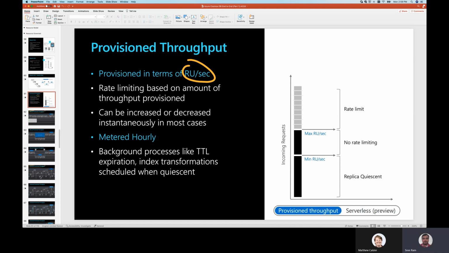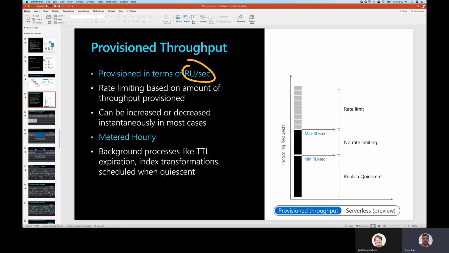So for example, let's say you increased it, and then after 15 minutes, you decreased it. After 1 hour, you will be billed for the hour, whether you choose to increase or decrease. If you choose to decrease after increasing, you would still be metered hourly.